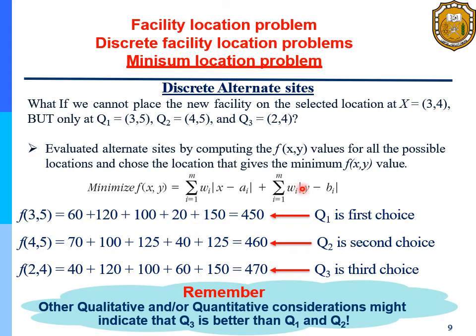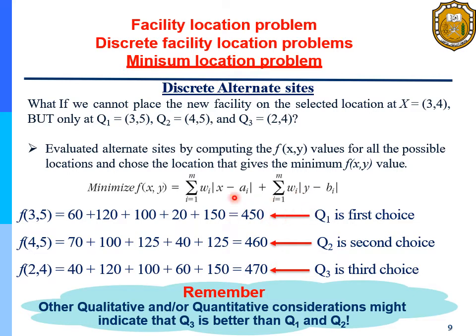But sometimes, in our calculation here, we just considered the distance or the cost. There can be some secondary considerations, qualitative or quantitative, which are different from the distance. In this case, you can select another alternative instead of the first one. Of course, if your single and only objective is to minimize the sum of the distances, this is your optimal solution.